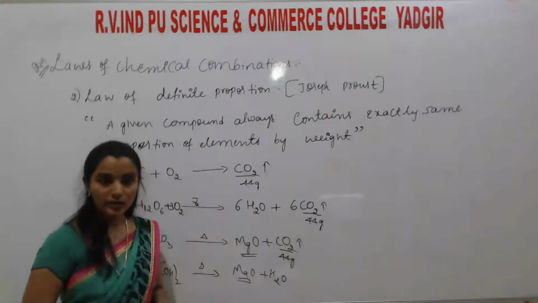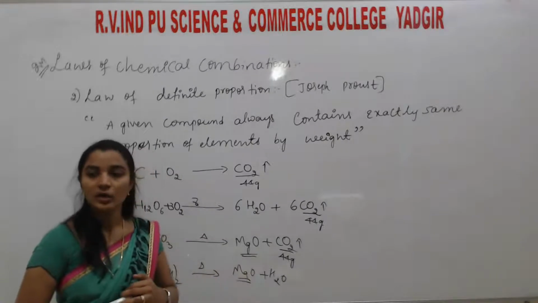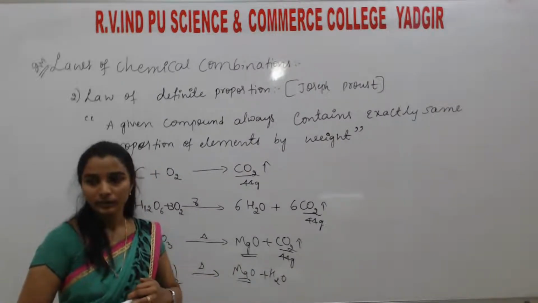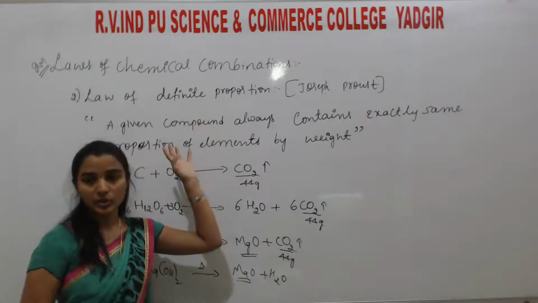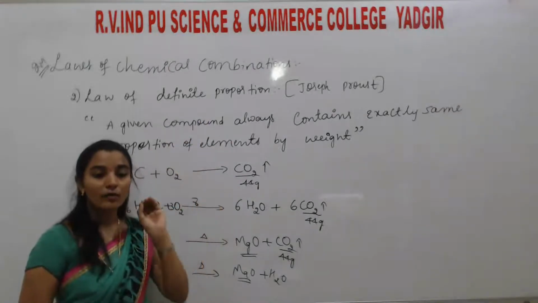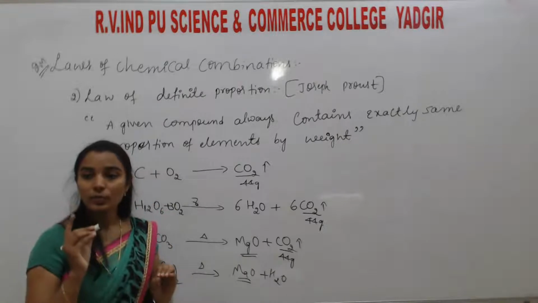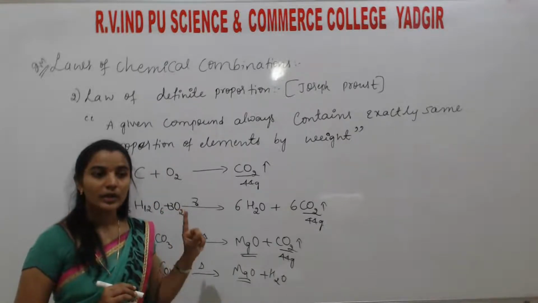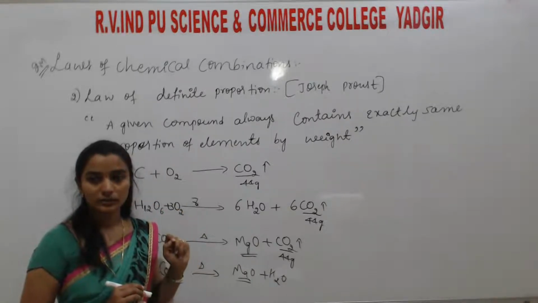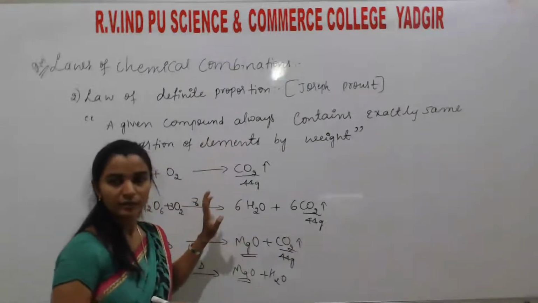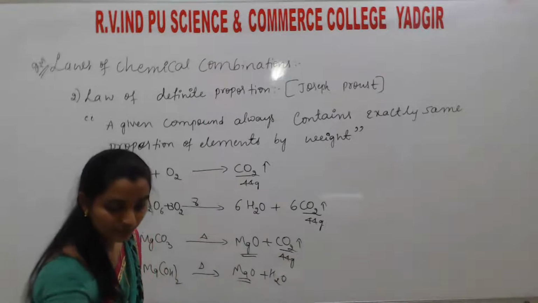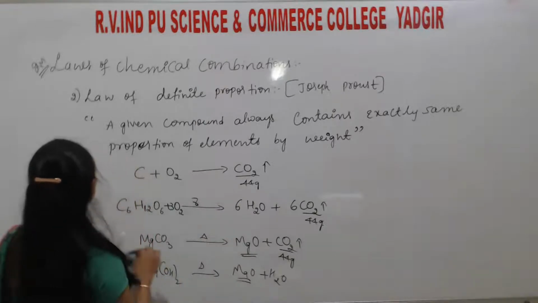The composition is always the same. That is the law of definite proportion: a given compound always consists of the same proportion of elements by weight. Understood? This statement and any one example is enough. Next one.